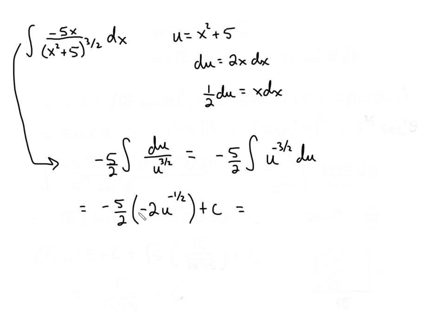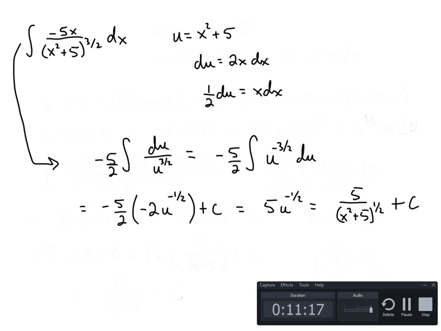Combine these, the 2's cancel, the negatives cancel, we're just left with 5 u to the negative 1/2 power, which is 5 over u to the 1/2, which, u was x squared plus 5, so that's the square root of x squared plus 5, or x squared plus 5 to the 1/2, which is the same answer that we got in the last way of doing it. And obviously this is much easier. So for future reference, like I said, just make sure and check it. You might be able to do this with regular substitution rather than trig sub.